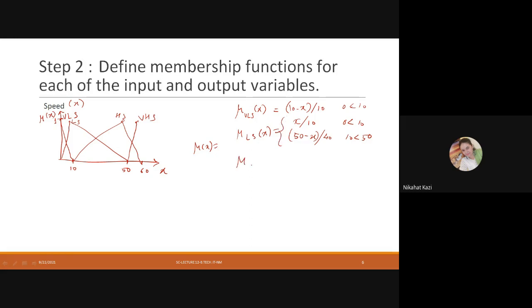Next is high speed. Again, increasing, decreasing, it is triangular. So x minus 10 divided by 50 minus 10, that is 40, for the range 10 to 50. And for the range 50 to 60, it is a decreasing function. So it will be 60 minus x divided by 10, right?